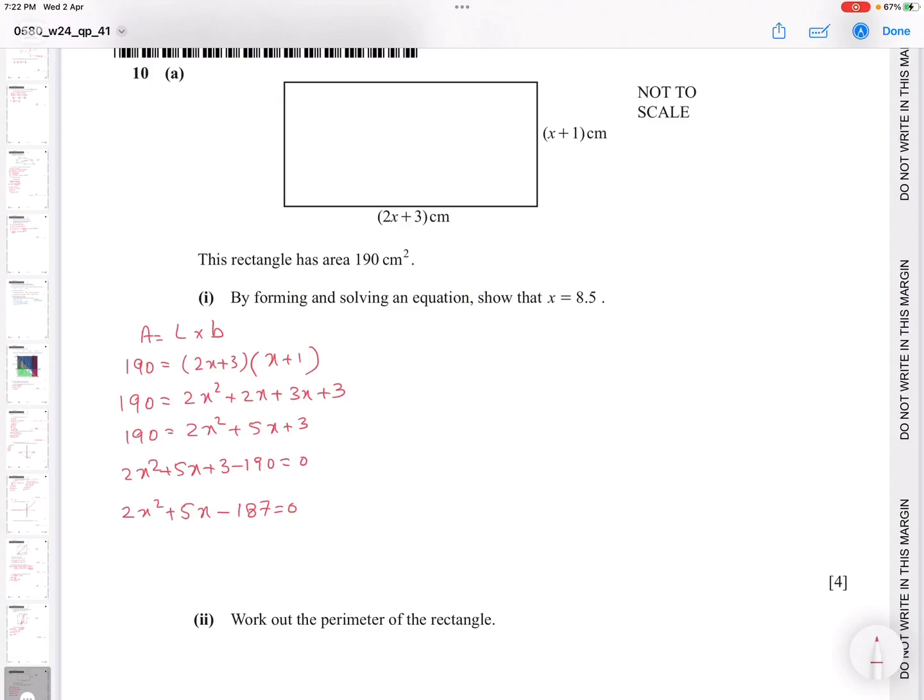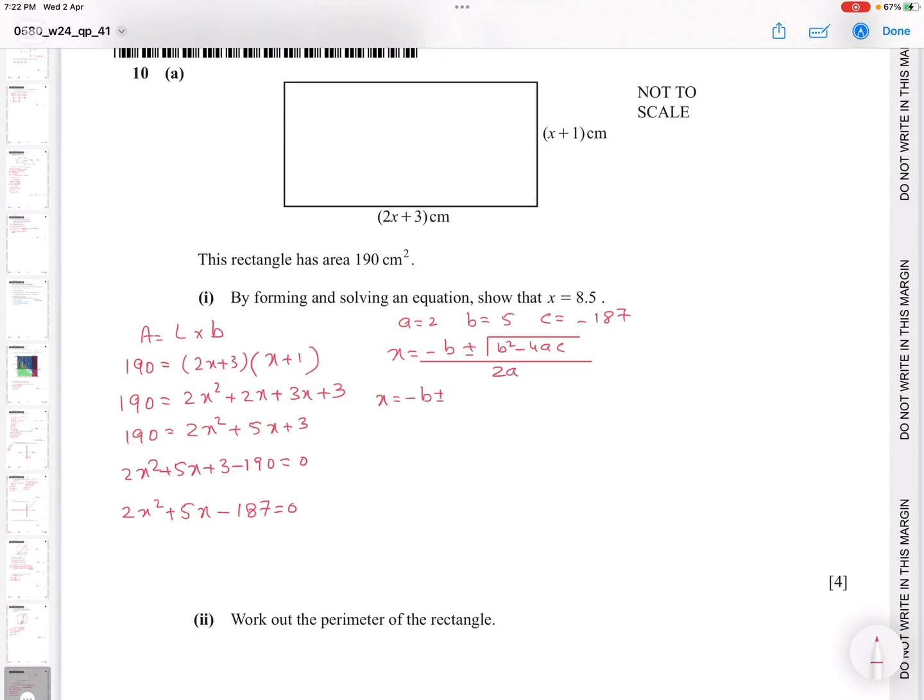Now your a is equal to 2, b is equal to 5, and your c is equal to minus 187. Use this in the quadratic formula: x equals minus b plus minus square root of b squared minus 4ac, whole over 2a.